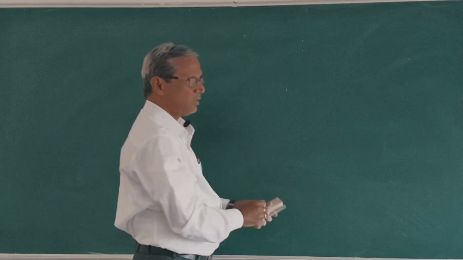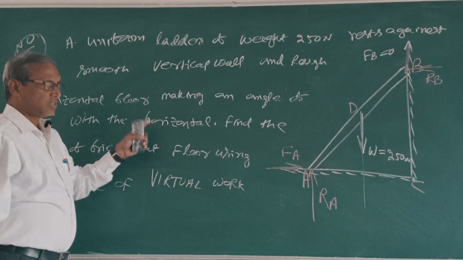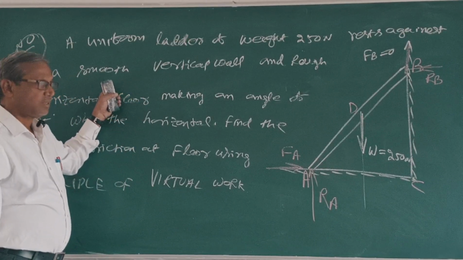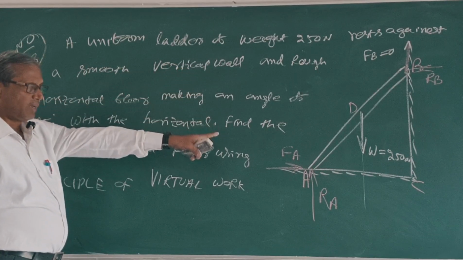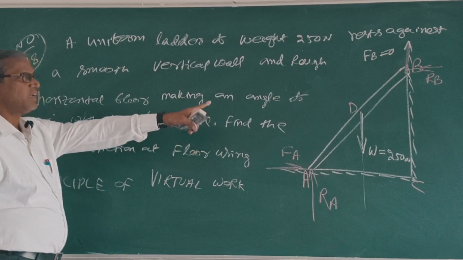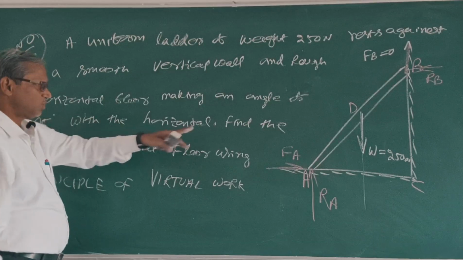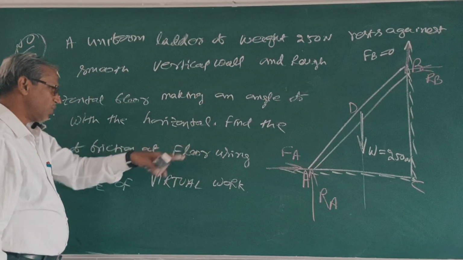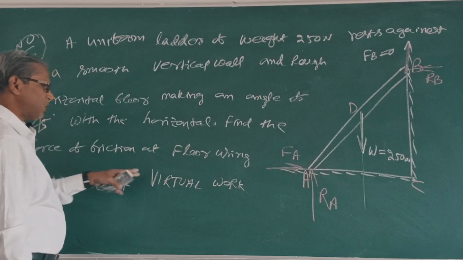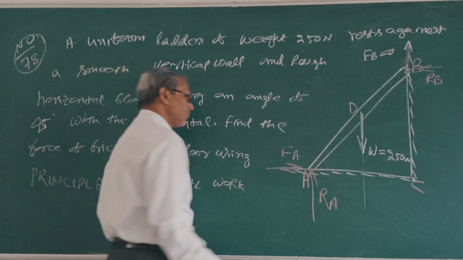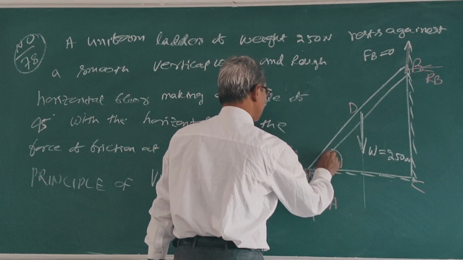This is question number 78. The question is: a uniform ladder of weight 250 Newton rests against a smooth vertical wall and a rough horizontal floor, as shown in the figure, which makes an angle of 45 degree with the horizontal.